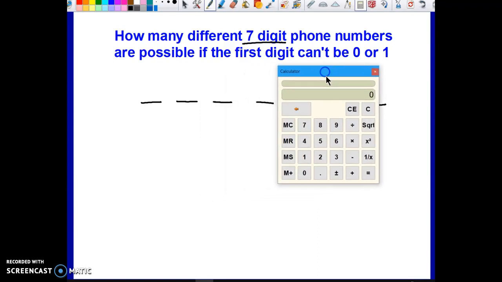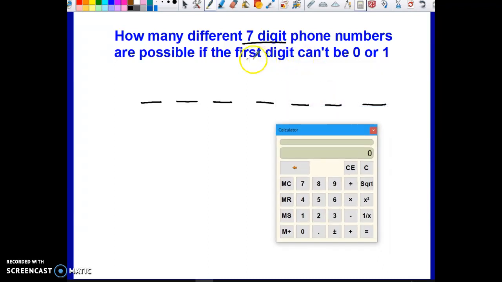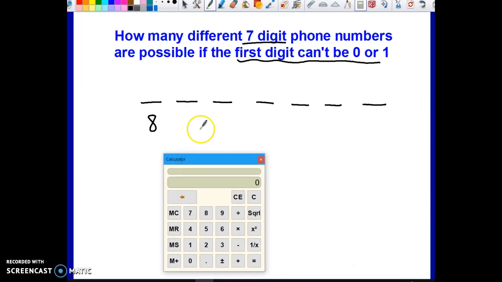So there are 10 different numbers to choose from. However, the first digit cannot be 0 or 1. So I have 8 numbers to choose from in the first spot. But after that, you can use whatever digit you want, and there are 10 of them. So there are 10 in every spot after that.